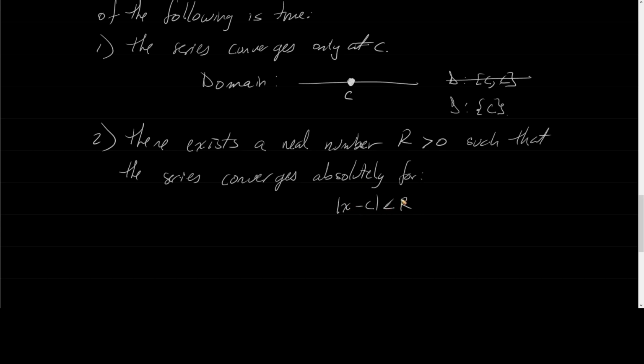What is that saying? So it converges for all the values within r distance of c. We'll get a visual of that. And diverges for the absolute value of x minus c being greater than r.